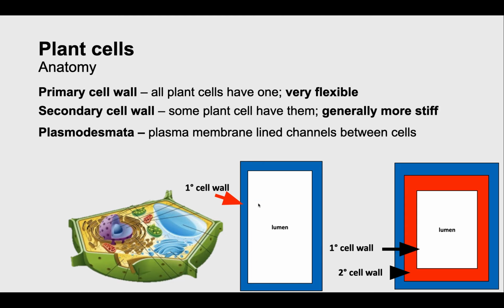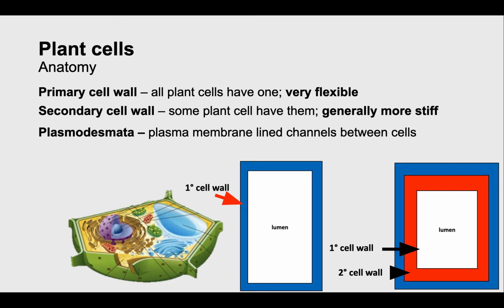The primary cell wall tends to be very flexible, still relatively stiff compared to everything else, but more flexible than the secondary cell wall, which is towards the inside and generally makes it a little more stiff. Typically, a lot of woody plants might have a secondary cell wall.